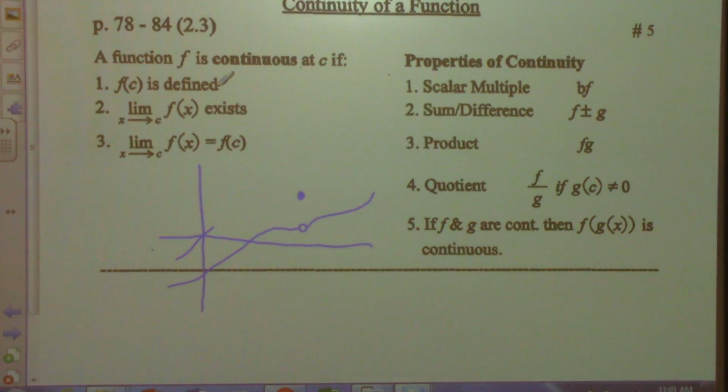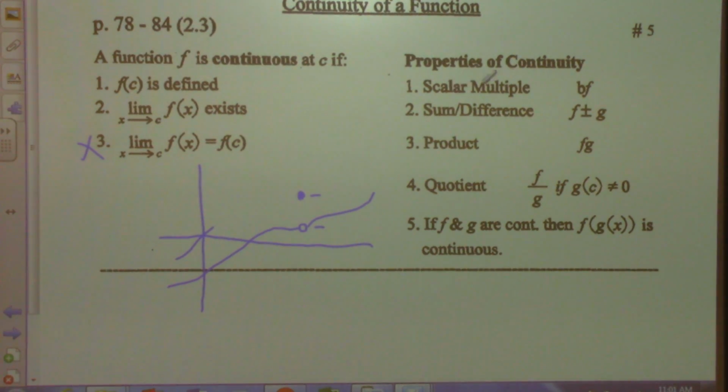Okay, f of c is defined, right? The limit exists, but the third condition is what? They have to be equal to each other. So the limit here is not going to be equal to that. So therefore it would fail at condition 3. So you have to be systematic in going about this.